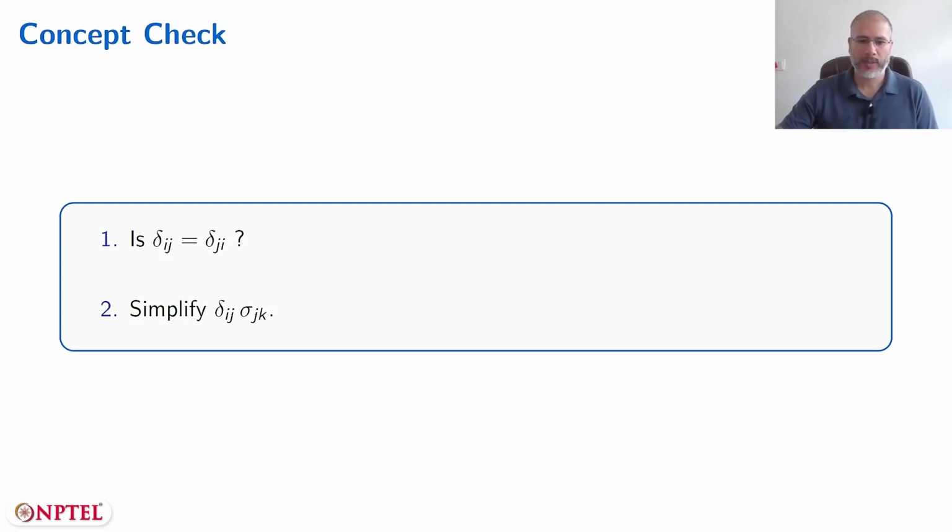And the next question says that we have to simplify this expression, that is delta ij times sigma jk. So again, to simplify this expression, you look at the definition of the substitution rule or the substitution property and go step by step and try to simplify this expression by getting rid of the delta if you can.